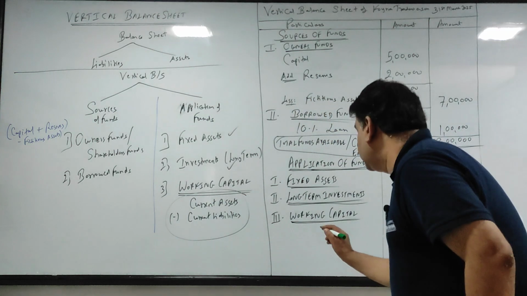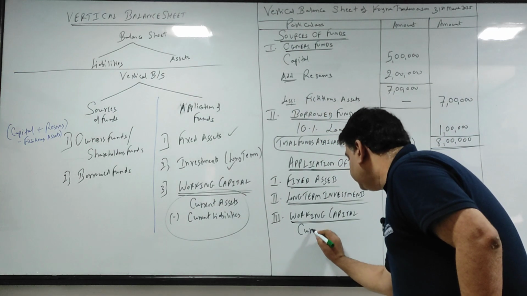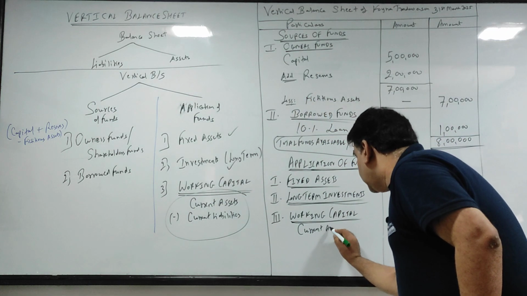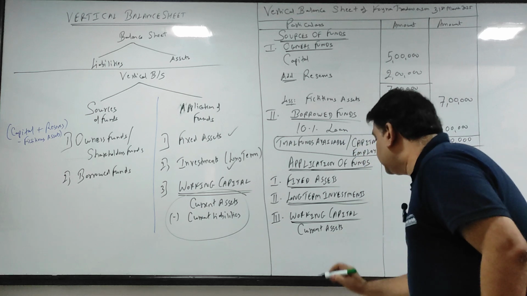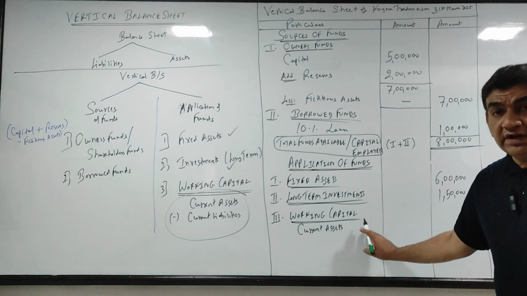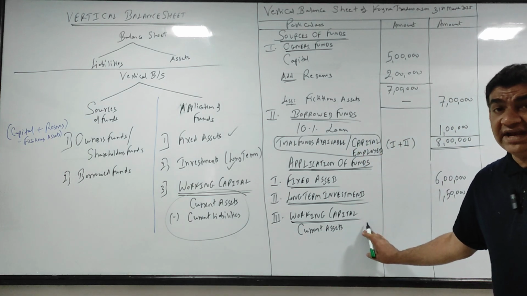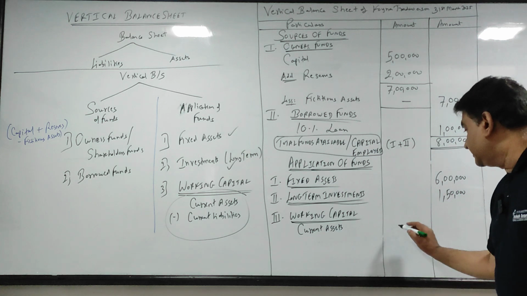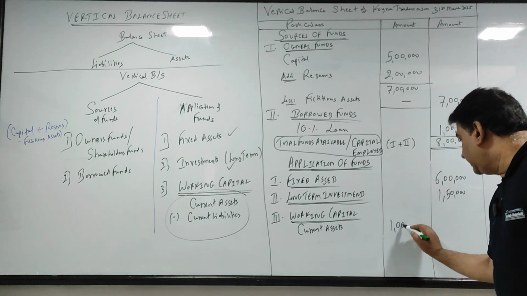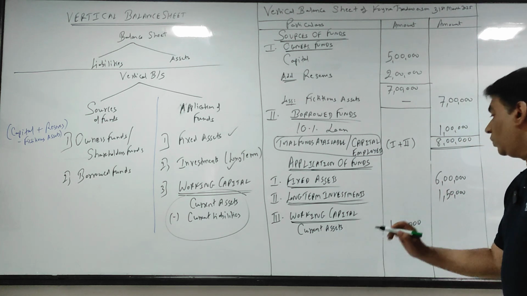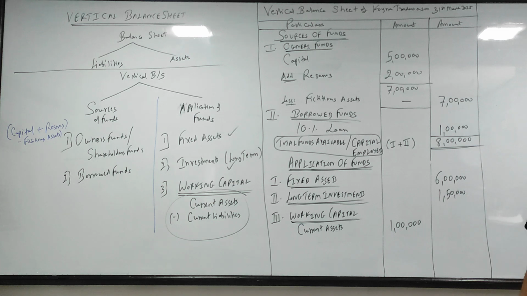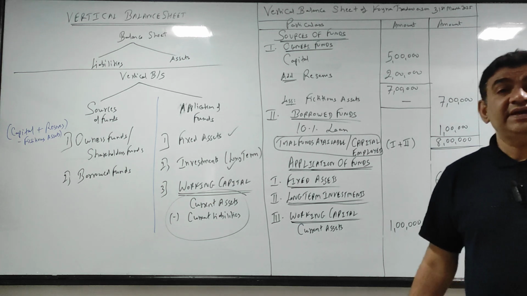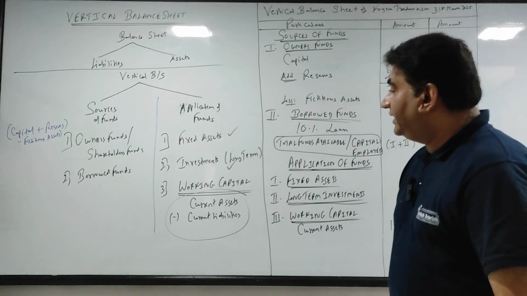1 lakh. So right there, current assets. Now remember, the working capital amount is the amount you get after deducting current liabilities. So put it in the first column, 1 lakh. Got it? Now if you see the balance sheet, क्या बचा? Current liabilities.